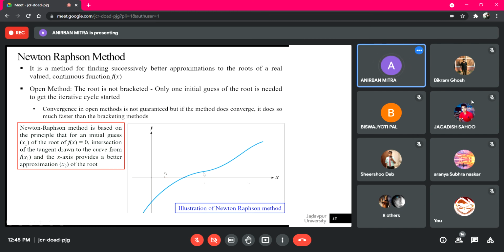From here, we get the f of x2, we get the tangent again, and like that it proceeds. So this is the way that Newton-Raphson method actually approaches the root. Root of fx is present here. And you can see it surely approaches that root with these tangents and intersection point of those tangents with the x-axis.